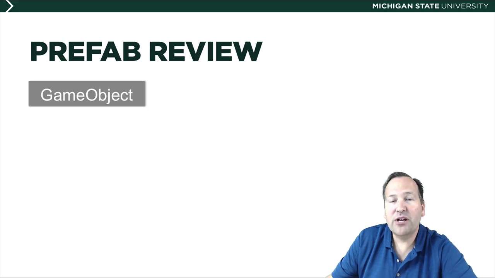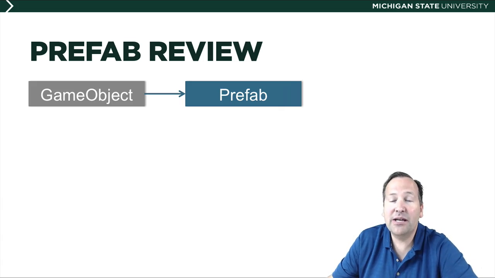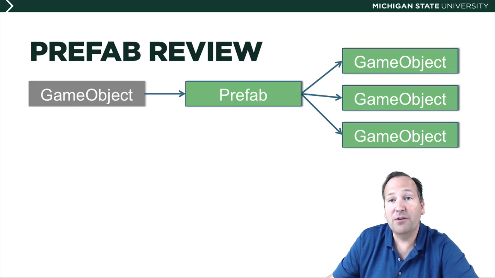Prefabs are a very important concept, so let's review. Once you set up a game object with all of its components, you can convert it into a prefab. A prefab is essentially a template game object. With the prefab, you can make additional game objects. The nice thing about game objects created with a prefab is that if you ever update the prefab, it will automatically update the game objects built from it.